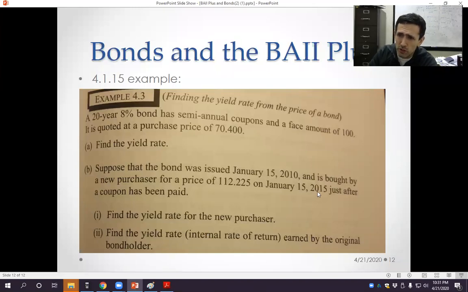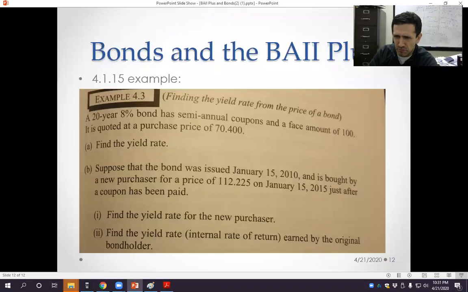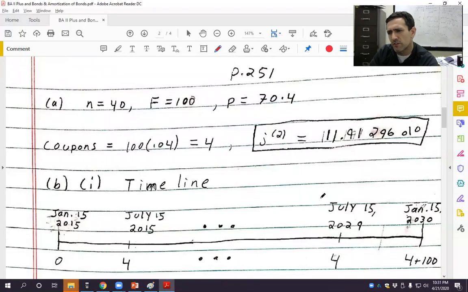So for the new purchaser, we're going from 2015 to 2030. Because it's a 20-year bond, so originally it'd be 2010 to 2030. But this is 2015 to 2030. So this person gets the $4 coupons and gets 100 back at maturity.